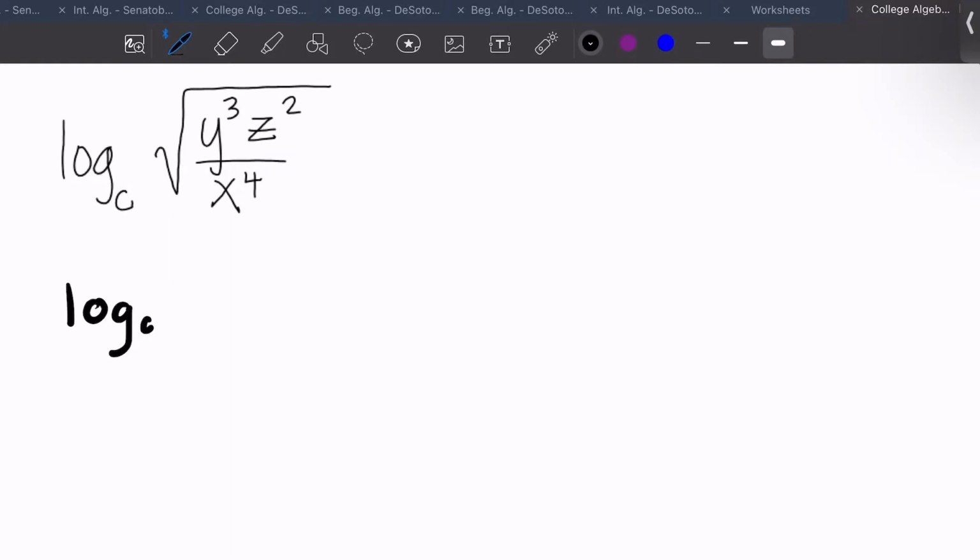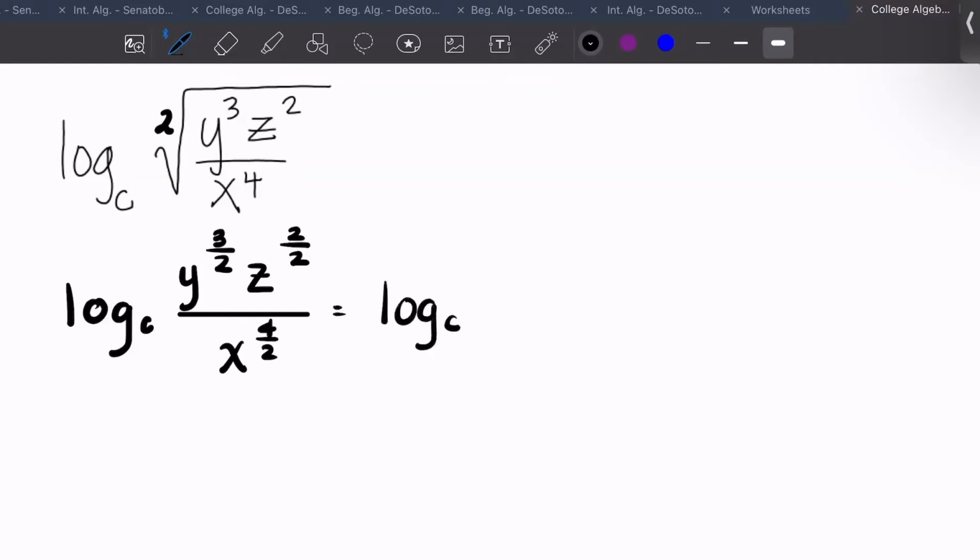And if we want to write this radical as exponential, our root that we are taking becomes our denominator, okay? So we would have y to the 3/2 power times z to the 2/2 over x to the 4/2, okay? Well, we can simplify that down a little bit, okay?